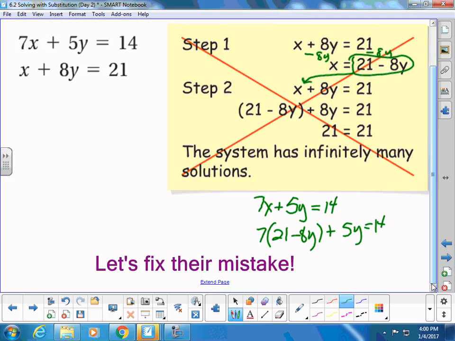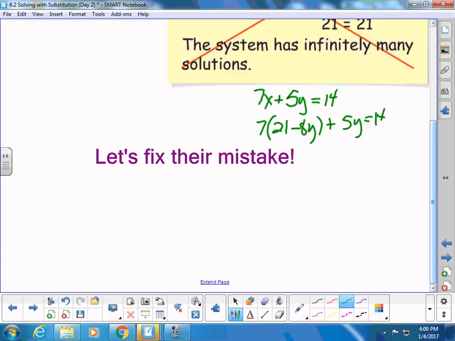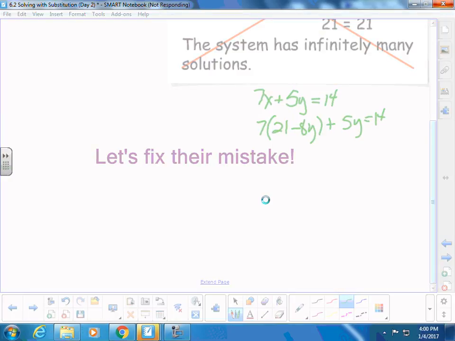Let's correct their mistake. So 7 times 21, of course I have a calculator handy, hold on. 7 times 21, 147. Well, that was interesting. Let's pause for a short station break, I guess.